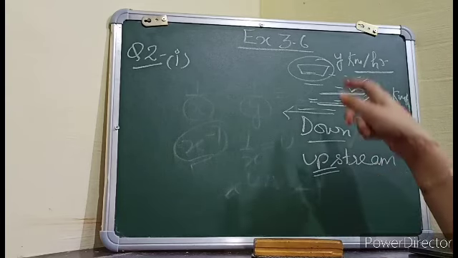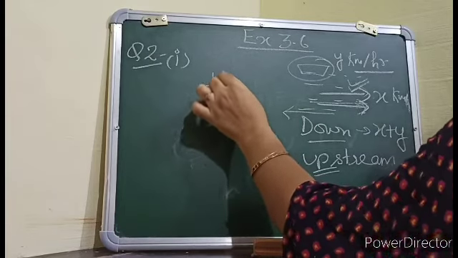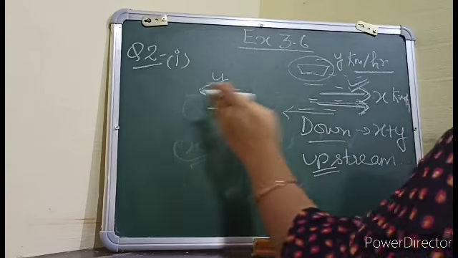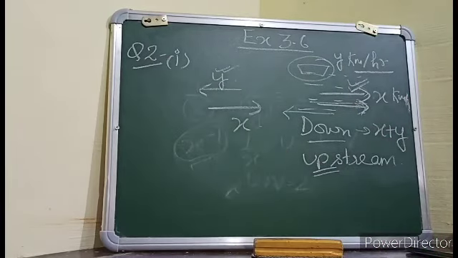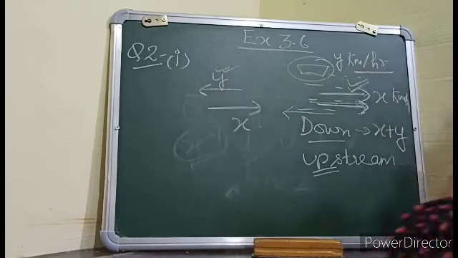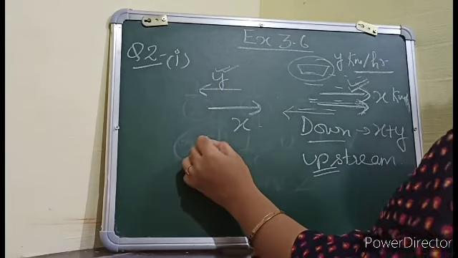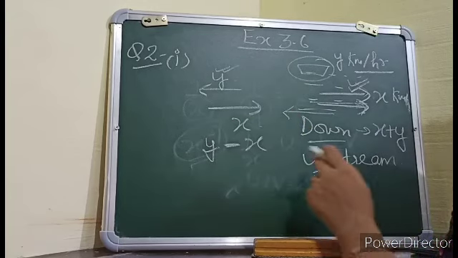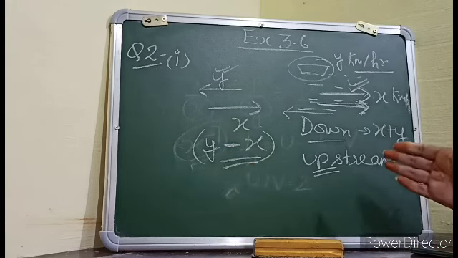And upstream means when the boat is moving in the opposite direction. So when the boat is moving in this direction with y km per hour and the stream is moving in this direction with x km per hour, the boat is not being carried along with it, the boat is moving ahead, that means y is greater. Okay, y is more, that is why the boat is moving. Otherwise, if its speed is less, then the stream will carry it in the direction of the stream. So in that case the final speed will be its own speed y minus x, because this will decrease its original speed. So in that case the final speed will be y minus x. So in downstream and upstream cases, we must consider the final speed.